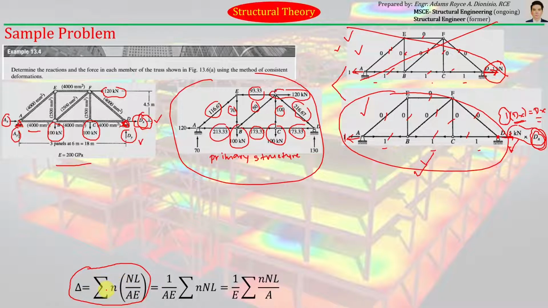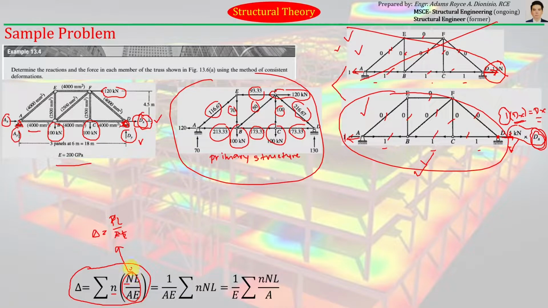So the deflection acting on a truss, this is for a truss, is just equal to the summation of all of the product of small n and capital N times L over AE. This portion here just came from the deflection of the actual members of a truss, which is just equal to PL over AE. So we just change P to N for convenience.